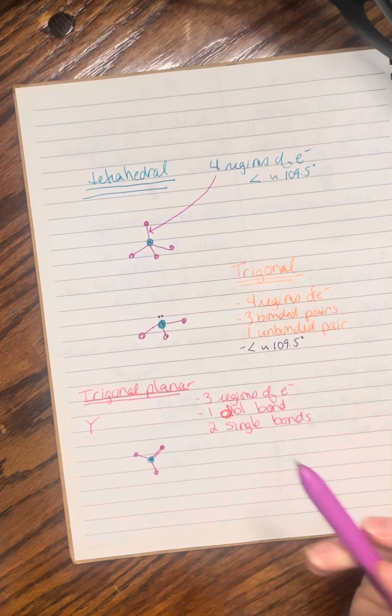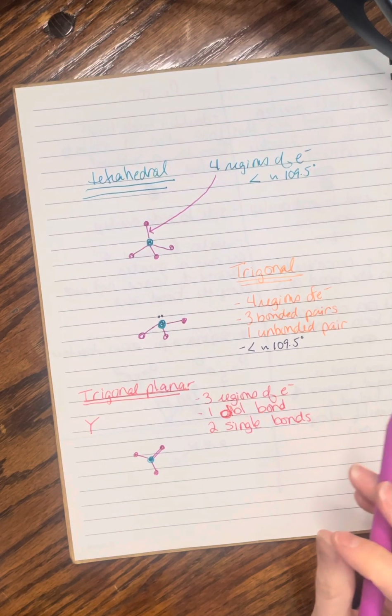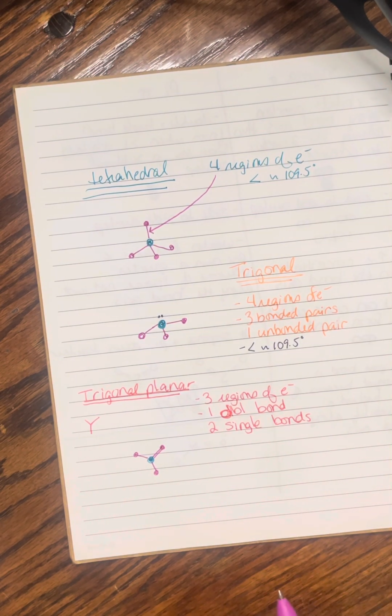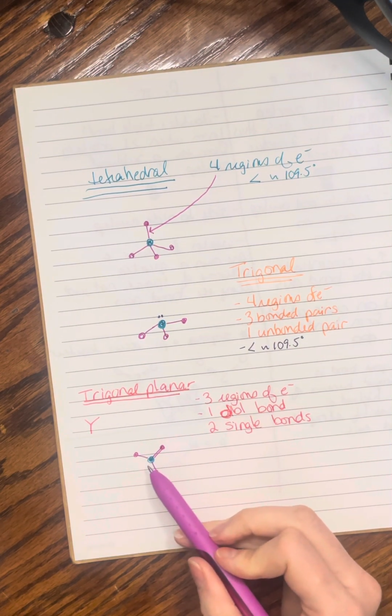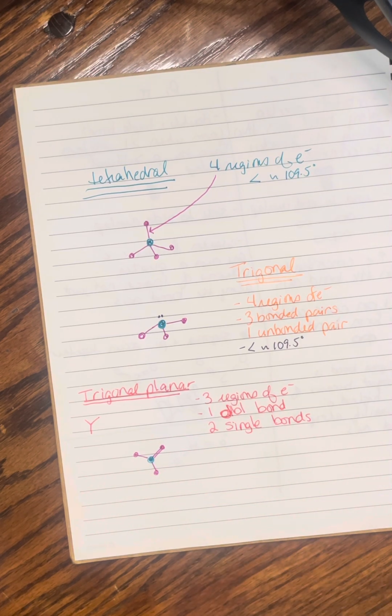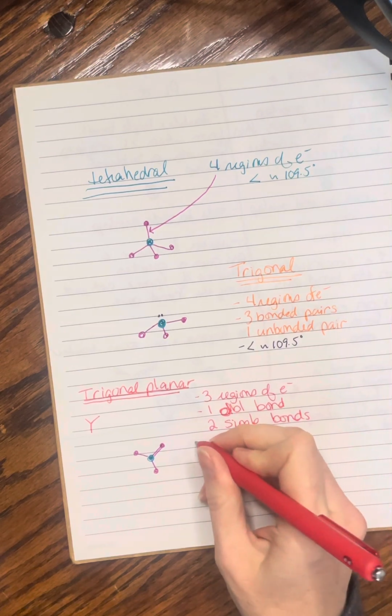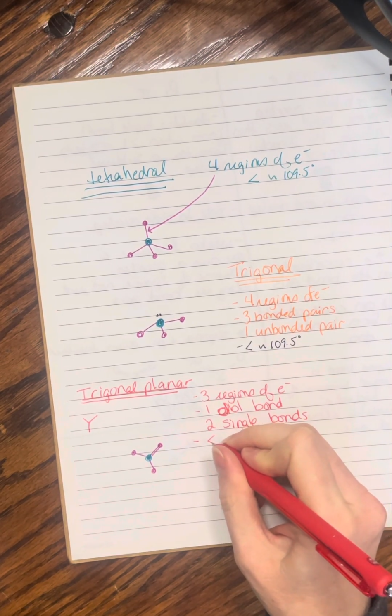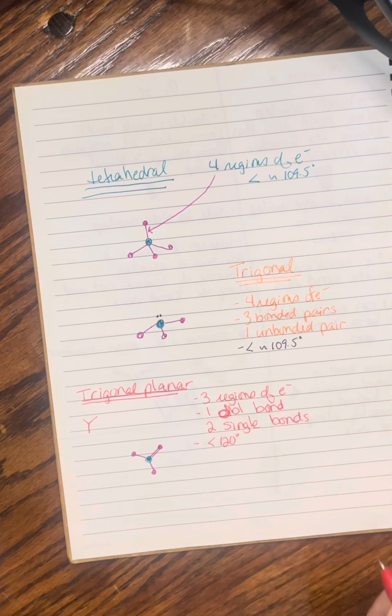I'm showing them the same color, but it doesn't have to be all the same atoms, okay? So this right here is going to be in the shape of a Y, and it's going to have an angle of 120 degrees. Okay, and it's going to be on a single plane, right? So those angles are going to be at about 120 degrees.